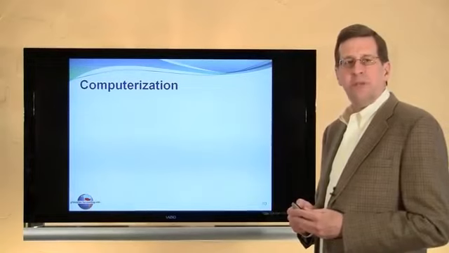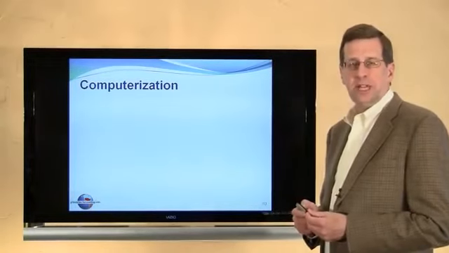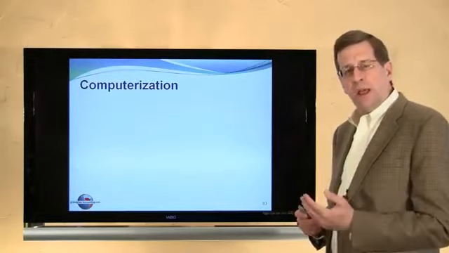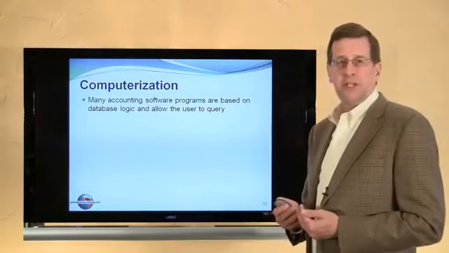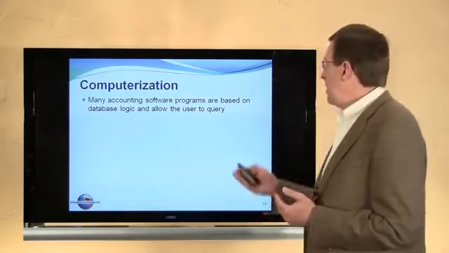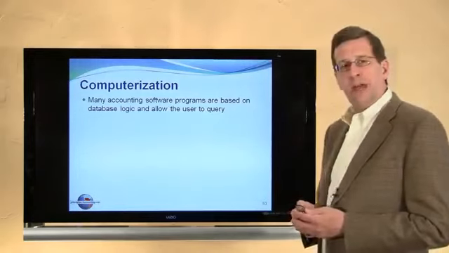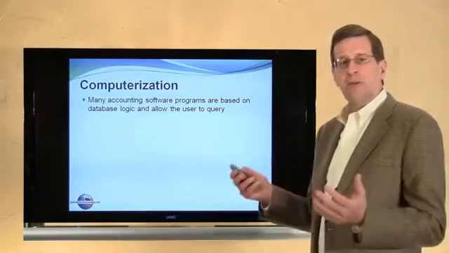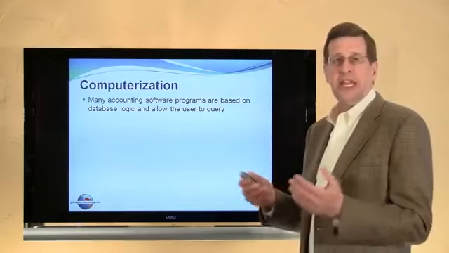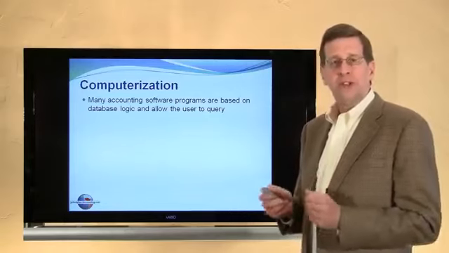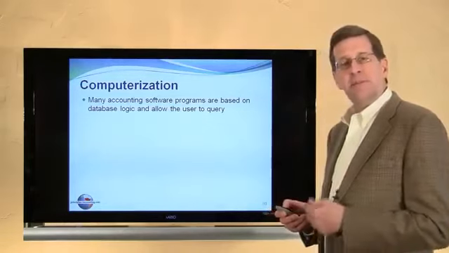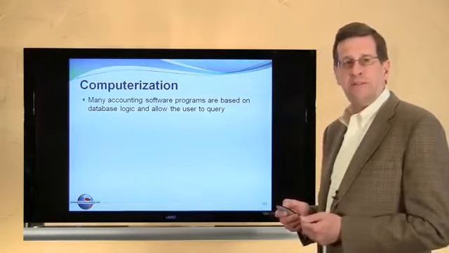Lastly, I would like to close this module by asking you to consider computerization. First of all, computerization can do away with the need for the closing process I've just described. A number of accounting software programs are based on database logic that will maintain revenue and expense information indefinitely. And so rather than needing to close and restart revenue and expense accounts, it's sufficient to simply query the database for the period of time of interest.